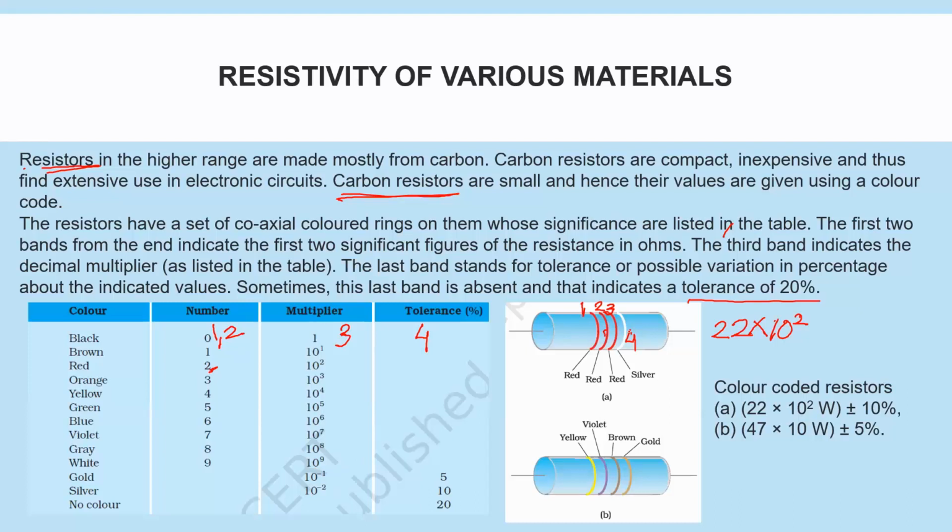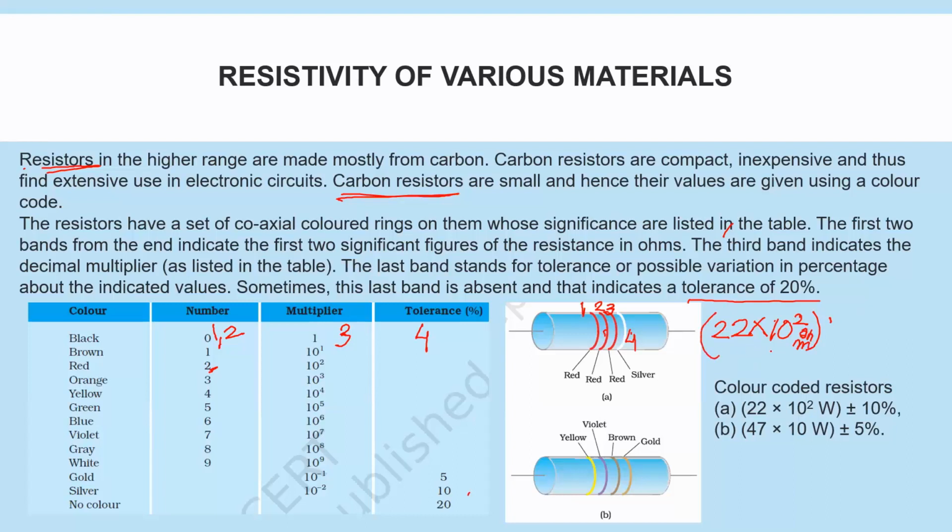Now the fourth band is silver, so we are going to consider the value corresponding to silver in the last column. You can see that is 10. So this is in ohms.